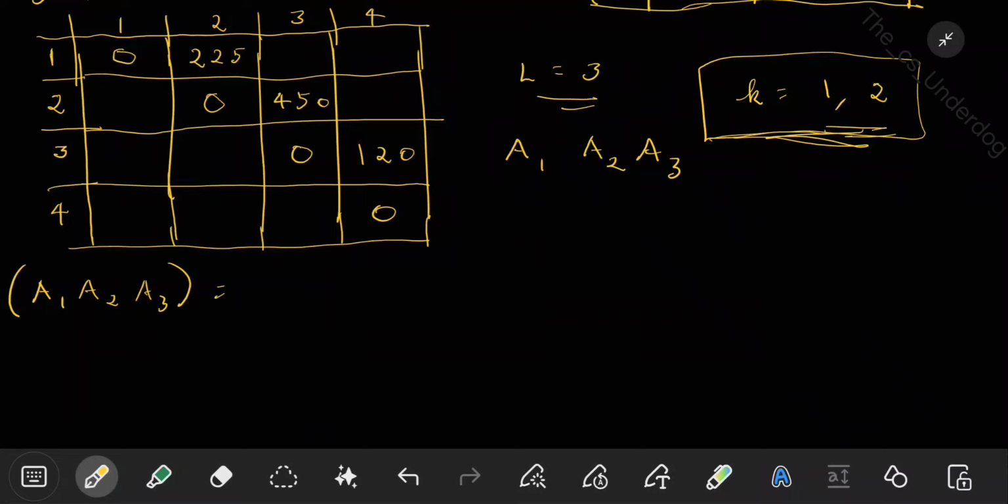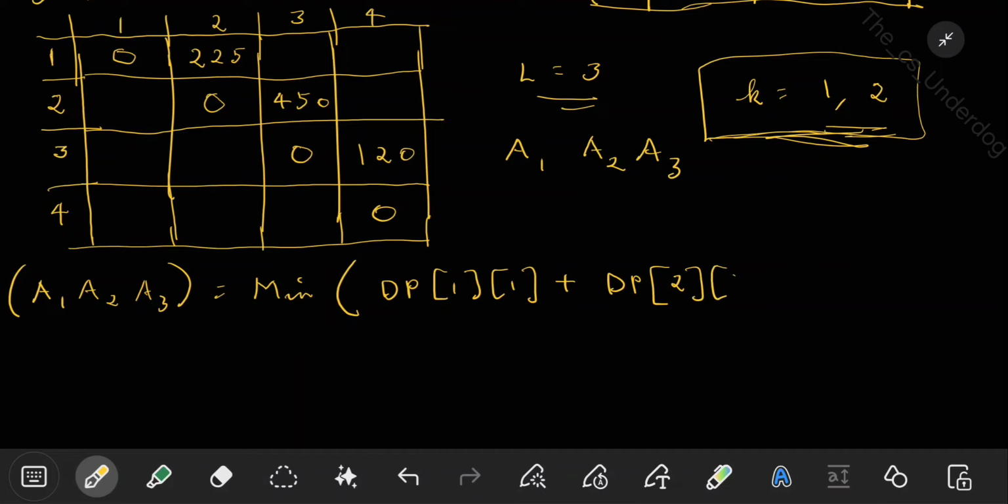What are the possibilities here? There are two splits, 1 and 2. So minimum of, what is the first case? If you are splitting at 1, first part will be dp of 1, 1 plus the second part, which will be dp of 2, 3, and then along with this, you want to add the total number of scalar multiplications required if this is the split.